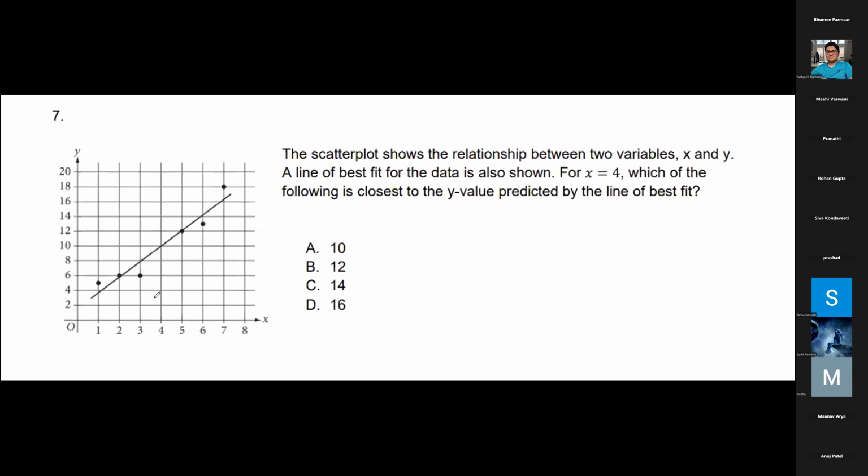X equals 4, go up, right here, go left, 10. So the correct answer is A.